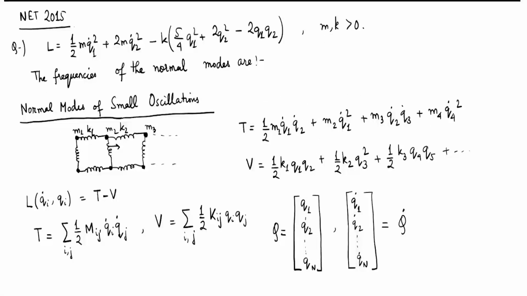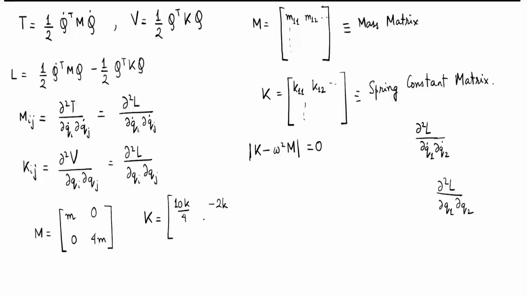So this is minus 10 by 4K. This is plus 2K.